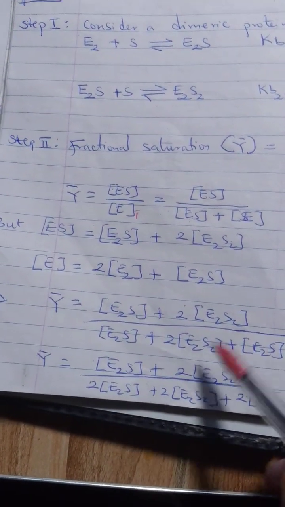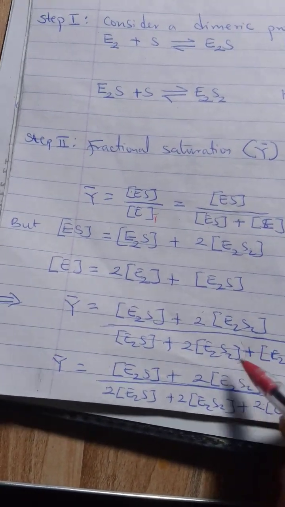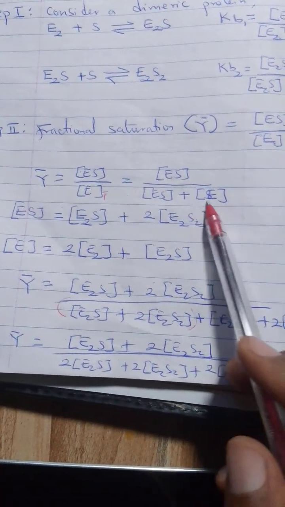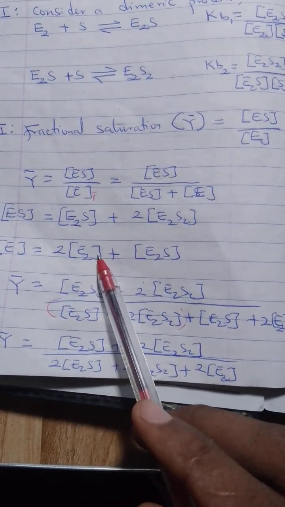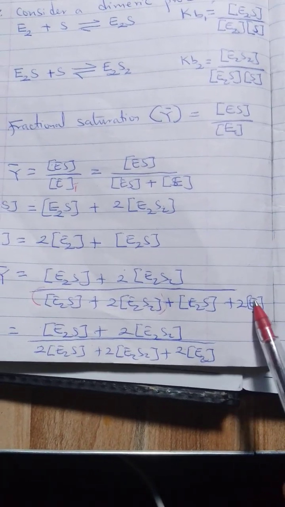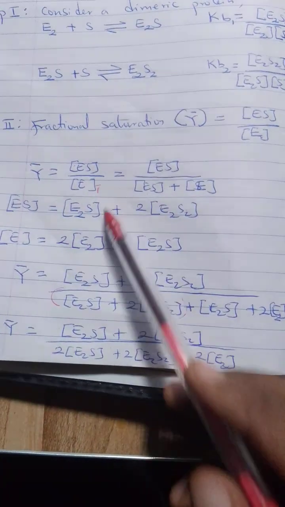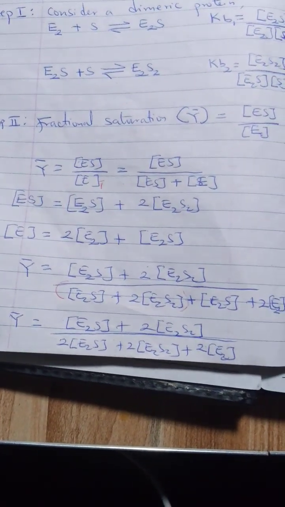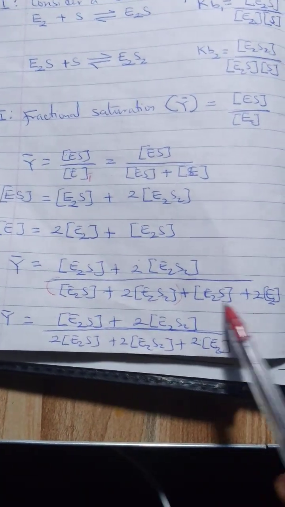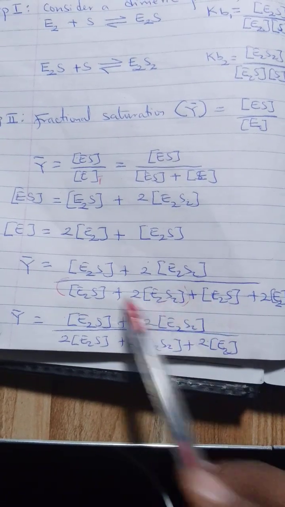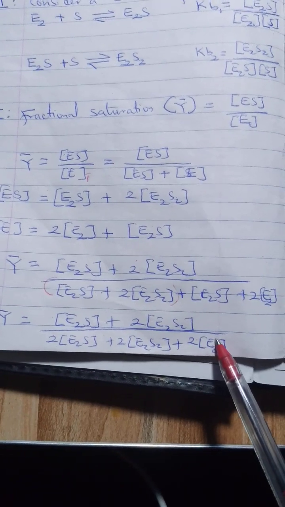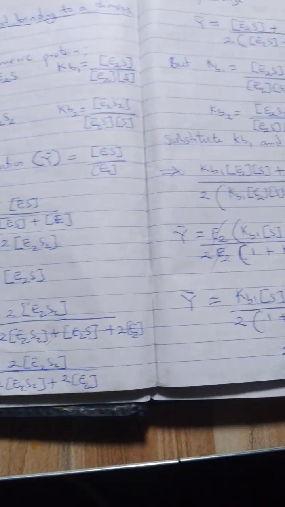Plus the free enzyme E2, plus the bound enzyme, which is the same thing as this, E2S plus 2E2S2 gotten from there. So we're just substituting what we have here into Y bar to get this. The next thing is we can factorize. Since this is E2S and this is another E2S, we can add them together to get 2E2S, 2E2S2, and this. Do you get that?